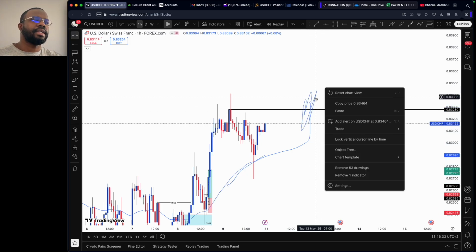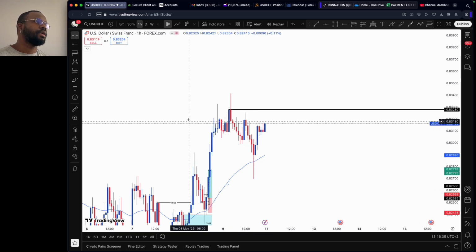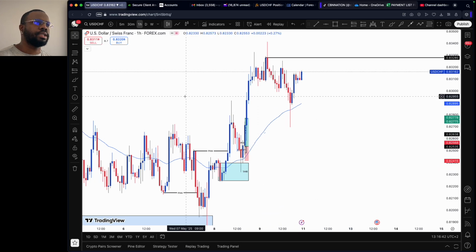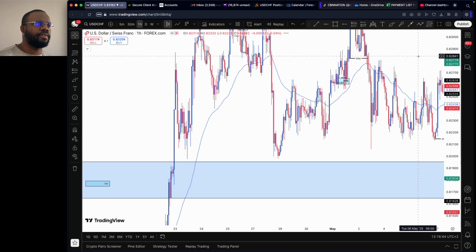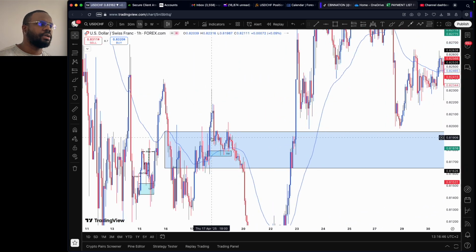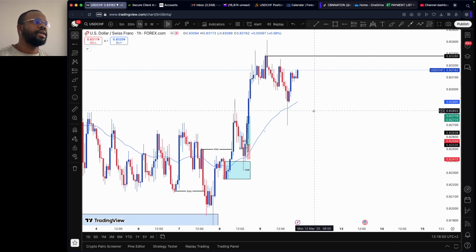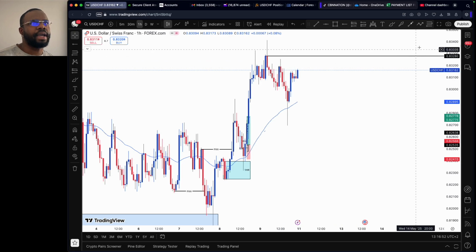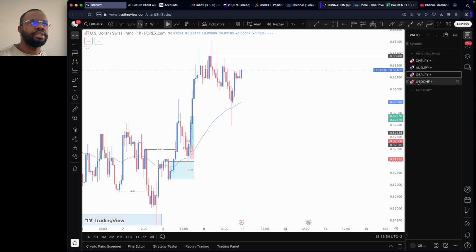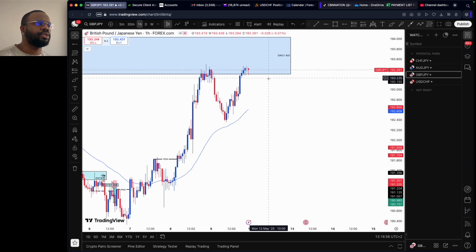So that is what I have for USDCHF, and I think that's pretty much it. We'll continue to trade these pairs because they are still giving us good price action to trade with. AUDCHF for buy continuation. GJ, I want you to see that this price action is indecisive.